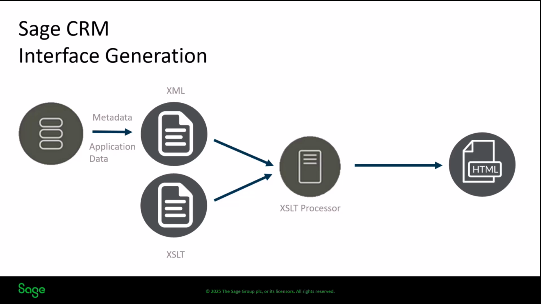So the mobile theme contains a link to an XSL file, and that has the job of converting the XML generated from within Sage CRM into a markup that the device can render within the browser on the device.